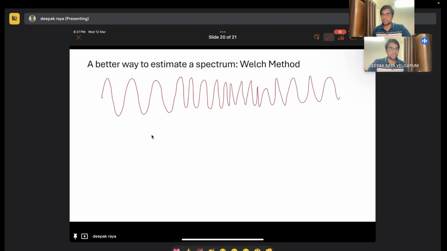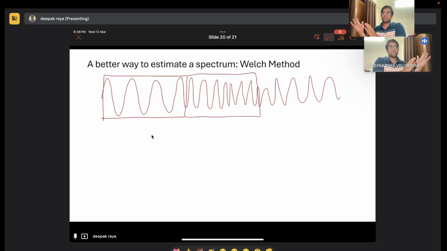If I ask you to take a Fourier transform, you get one estimate, but that estimate will not be clear on what frequency is present at what time. If I take this part and give it to the spectrum, you see more power in the smaller frequencies. When I take this part, you get faster frequencies. But if I take the whole thing, it will smear out this effect in time.